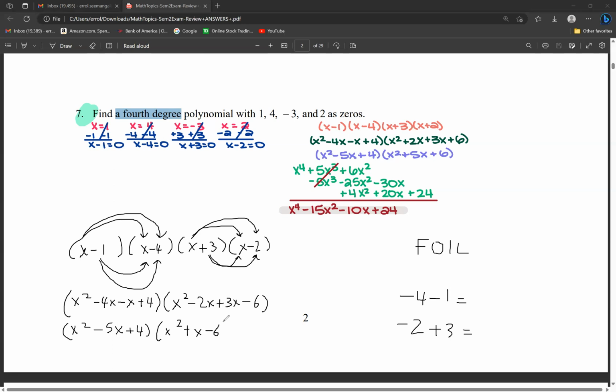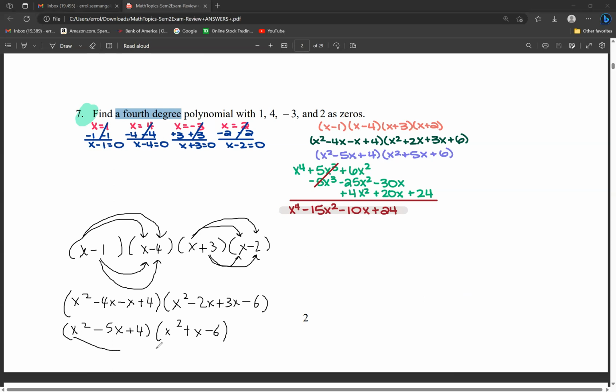Now what are you going to do? Do we divide or do we just subtract? Multiply. For each term, you're multiplying it to the other terms.